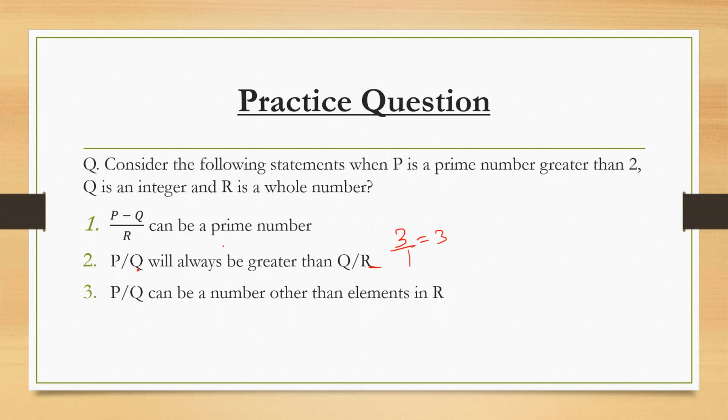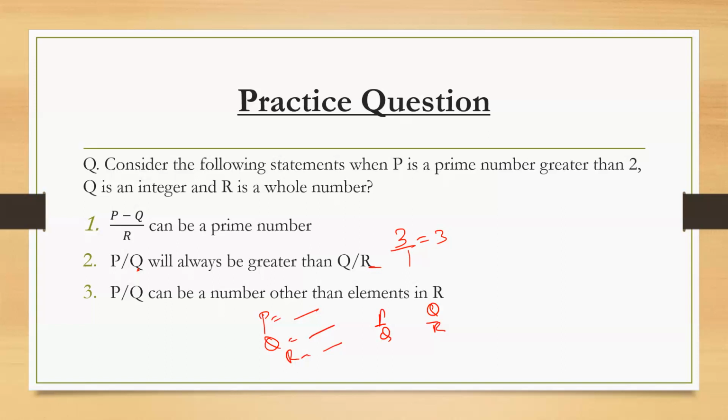The value of Q will remain the same here, right? Are you getting this? So you have taken P some value, Q some value, R some value. Then P by Q and Q by R. The value of Q will not change. What about others? The students who have negated the second statement.